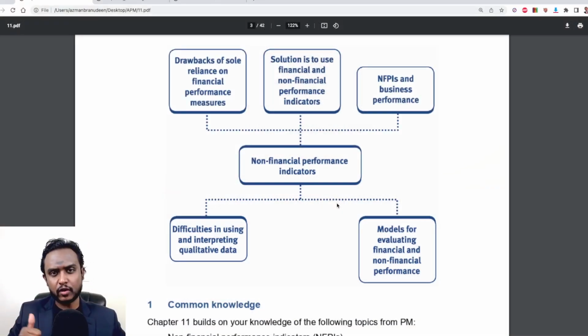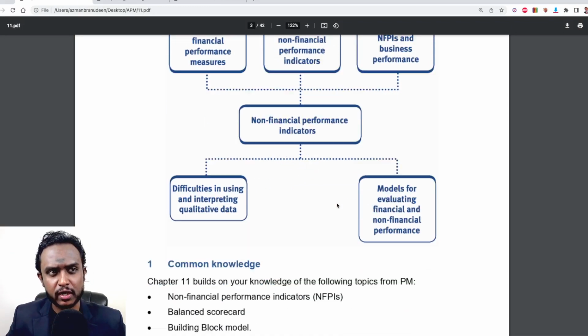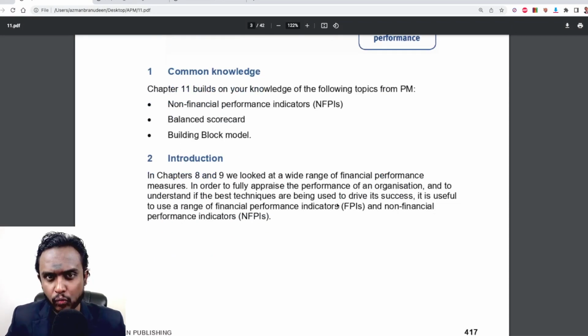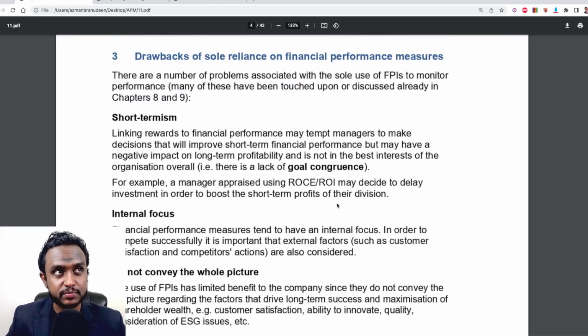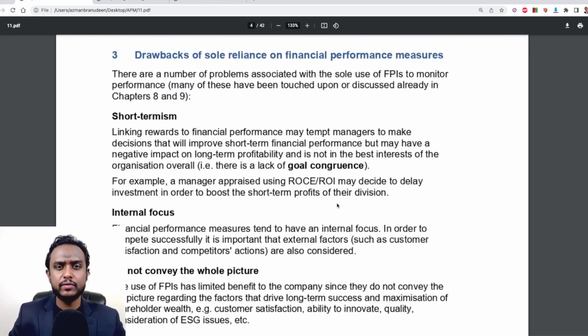With that context, the first thing that we have to understand is why. Why are non financial performance measures important? That is because, and this is what traditionally happened, when you look at financial performance alone, there are significant issues that crop up as time passes by.